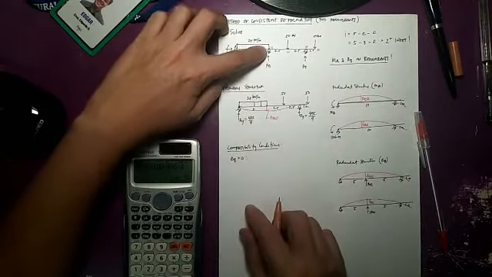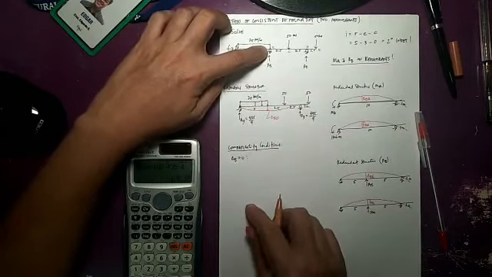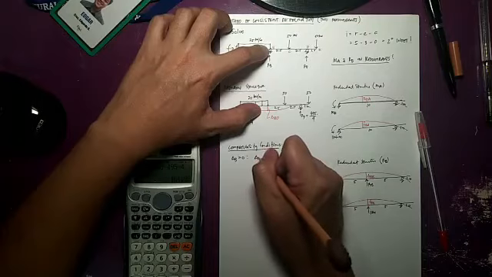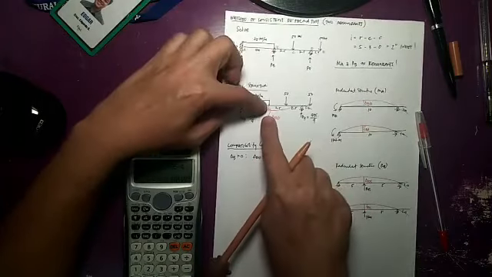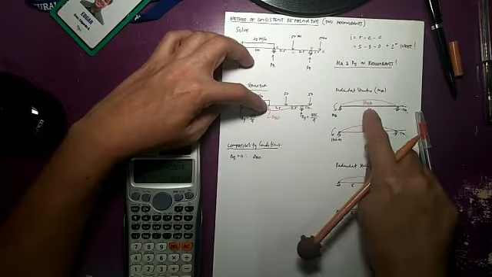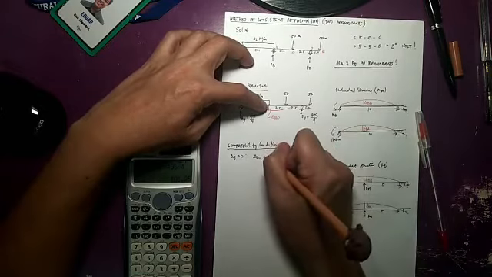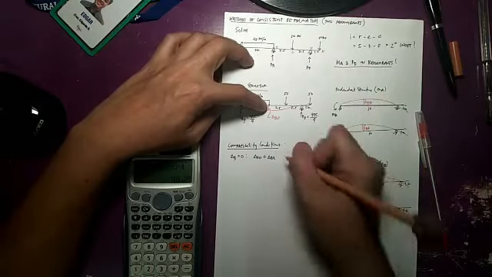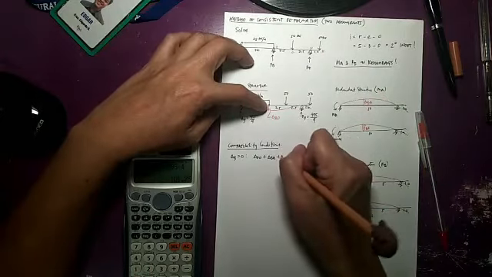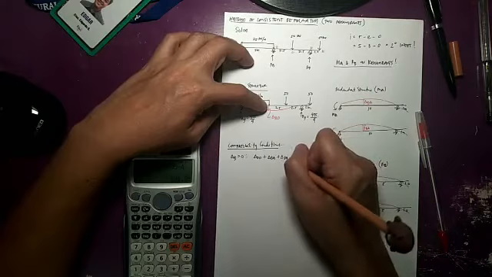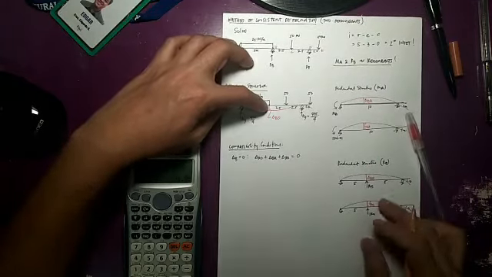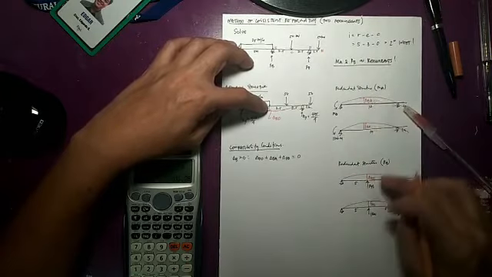Because there is a roller in the original beam. So that means delta BO, the sum of this plus this delta BA, then plus this delta BB should be equal to 0. Now, what is delta BA and delta BB?